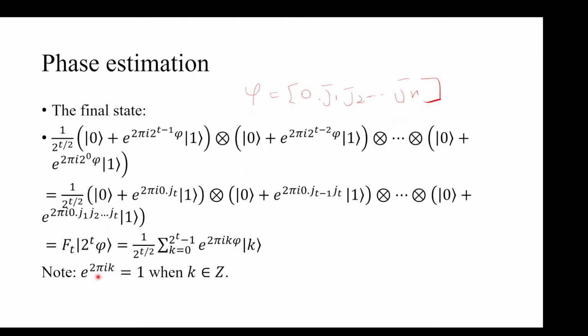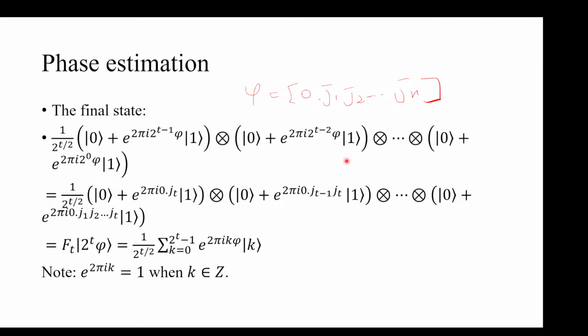As we said before, the integer part doesn't matter because e to the 2 pi i k equals 1 for any integer k. So the first register is left with 0.jt, and the second register is left with 0.j(t-1) jt, because you only multiply by 2 to the t minus 2. And all the way to the last one, that's 0.j1 to jt.